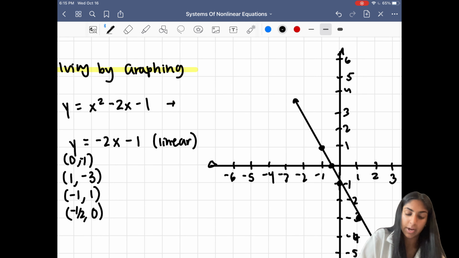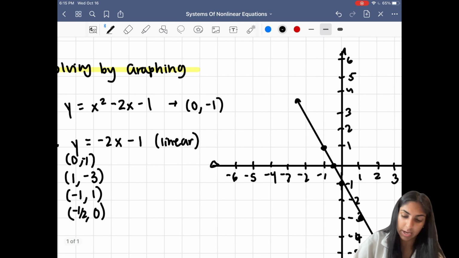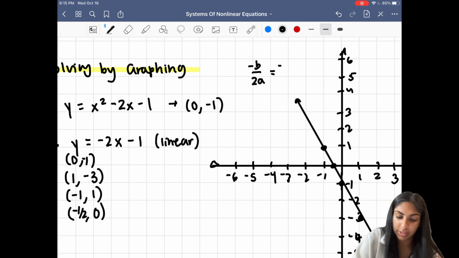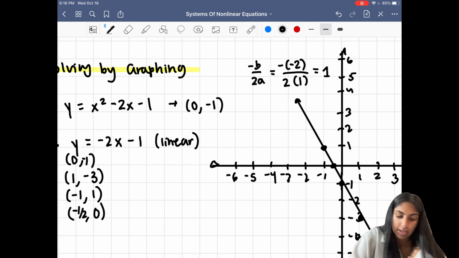So here we know that the y-intercept is going to be also at 0, negative 1, because when x equals 0, y is going to be equal to negative 1. And we can also find the vertex. And so the vertex is going to be at, if the x-coordinate is given by negative b over 2a, we can see that the x-coordinate of the vertex is going to be negative 2 over 2 times 1. And so that's going to be 2 over 2, which is just 1.